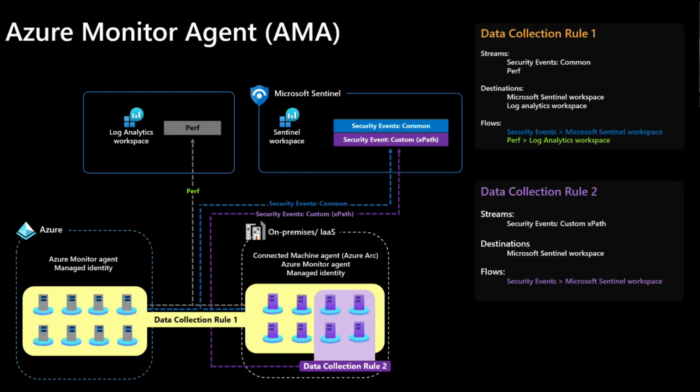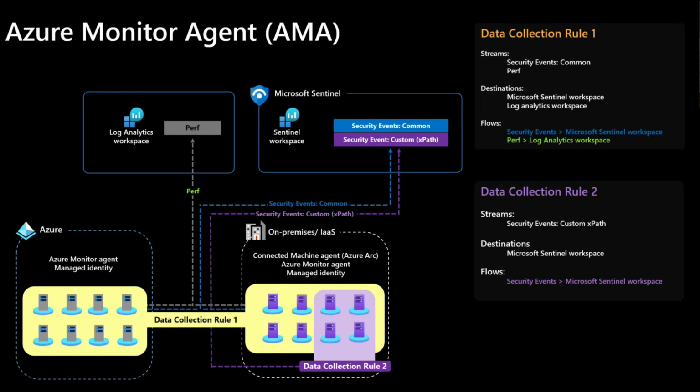What it allows you to do, and this is a brand new concept that came in when the AMA agent was introduced, is say, certain VMs, and it could be on-prem, it could be whatever your VMs are, I want these to send only specific security events to the Log Analytics workspace where Sentinel is configured.